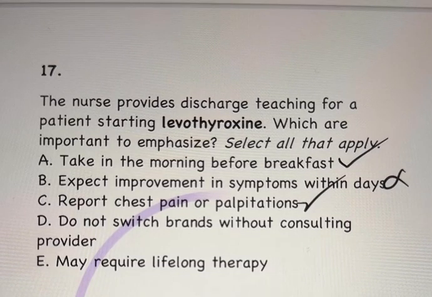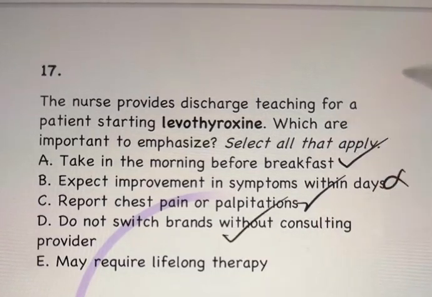Do not switch brand without consulting provider. What will happen to patient if they are switching the brand? Because every brand has different bioavailability. So switching, adverse effect can occur. We don't know which brand is going to work better or not, so it's always good to stick to one brand to maintain the therapeutic level.